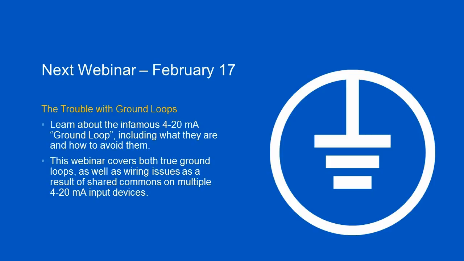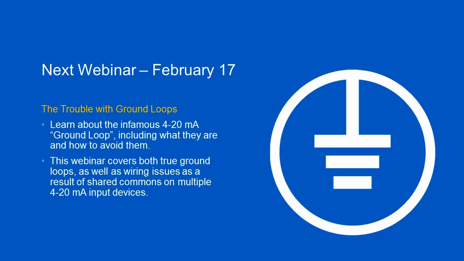Hopefully we'll see you at our next webinar, which is February 17th. And the topic of that webinar is the trouble with ground loops. I'm sure that all of you are familiar with the infamous 4 to 20 milliamp ground loop, and that it can cause you a problem. And the purpose of this webinar is to discuss really what those are and how to avoid them.